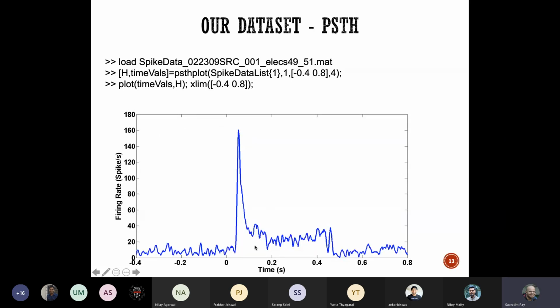This is a very typical response of a neuron. The neuron, even when there is no stimulus, does fire some spikes, but it's low. When you present a stimulus, there's a huge increase in firing rate, and then it settles down to a lower value, and it will remain like that until the stimulus is removed. Then it again goes back to baseline firing.